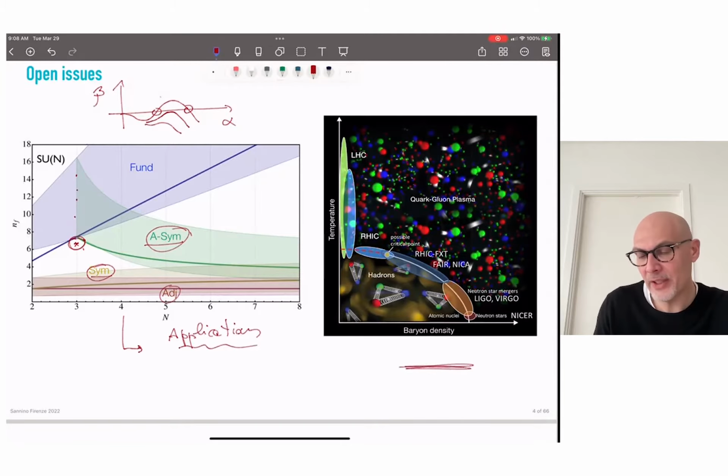On the right-hand side, you have a different type of diagram. This diagram, on the other hand, takes, for example, QCD and increases the temperature or increases the baryon density.